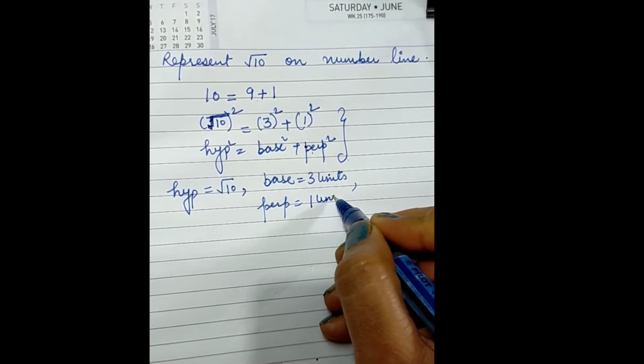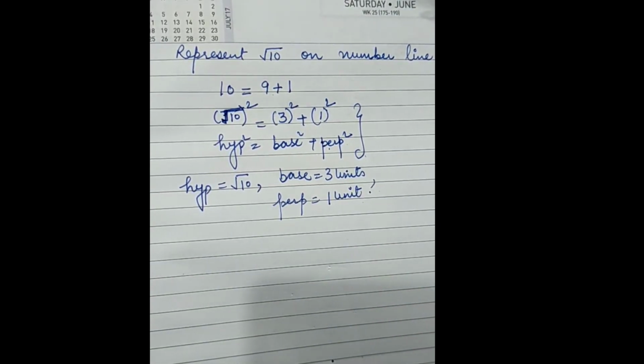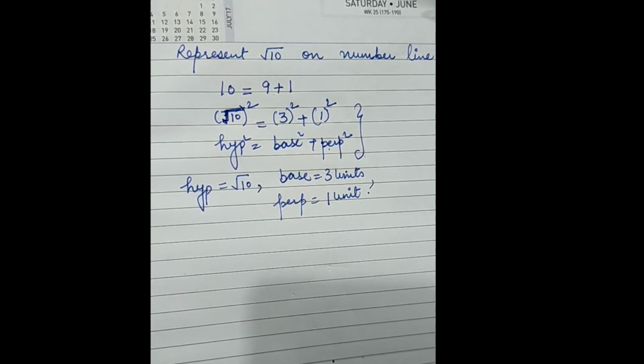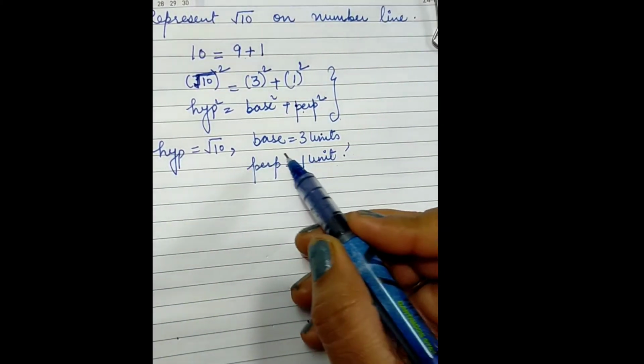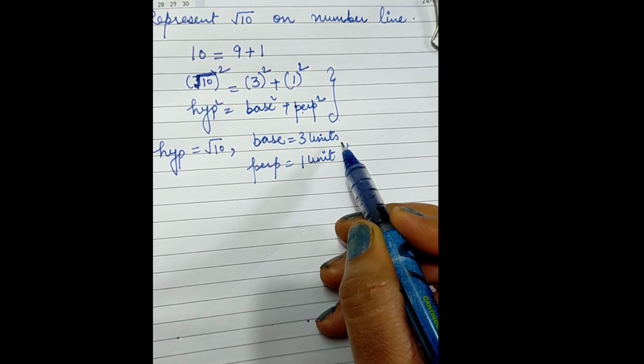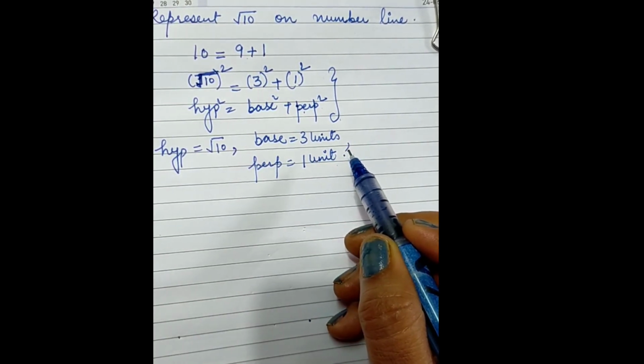In previous questions where we have drawn square root 5 or square root 3 or square root 2, these numbers were very short, so we have increased the scale. Now in this question, base is 3 units, so I am taking 3 units to be the base. I am not increasing the scale here.